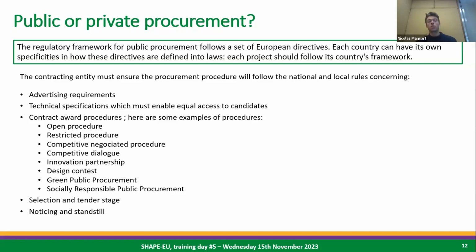There's also the selection and tender stage that needs to be defined. The directives, and therefore the national laws, give a list of information that the contracting authority can require from the candidates, and also the instructions that the contracting authority should give to them and describe the process, for example, of scoring of different offers from the tenderers.